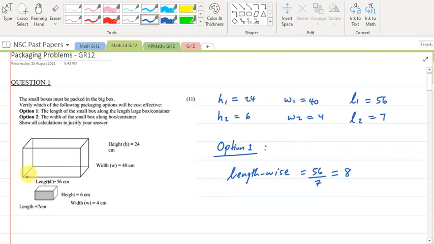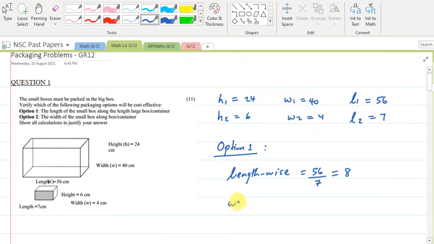Now remember, we also need to go this way, and then how many we can pack in different levels, like different stacks. So first we know in the front is just 8. We can pack 8 boxes here in the larger one. Then that's lengthwise. So we just took the length and divided by the length.